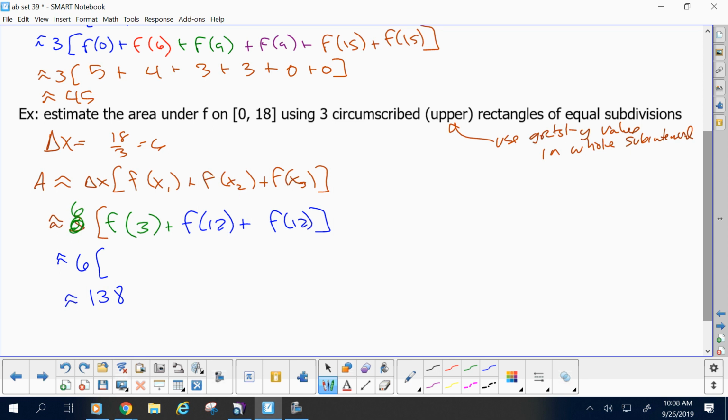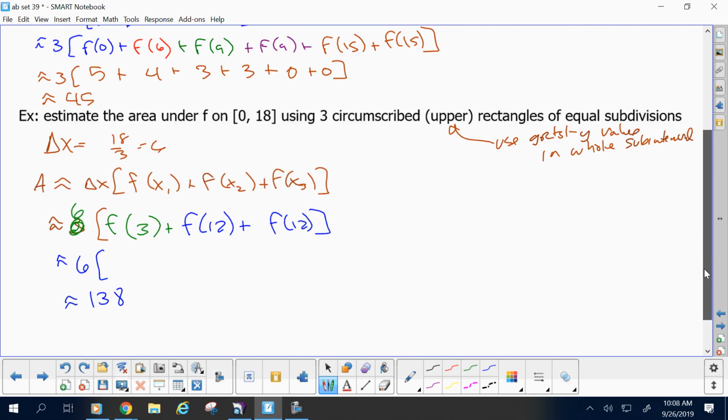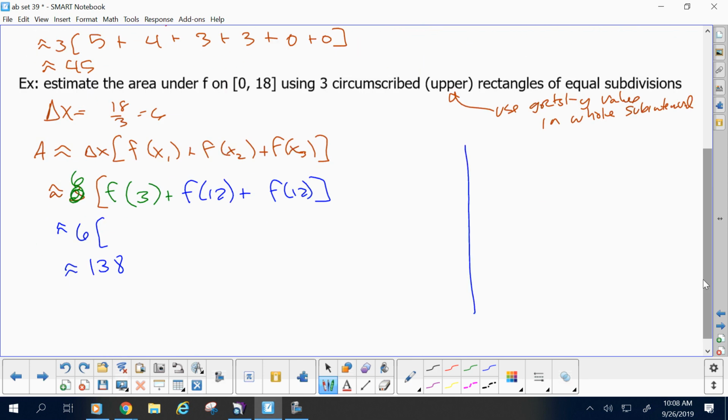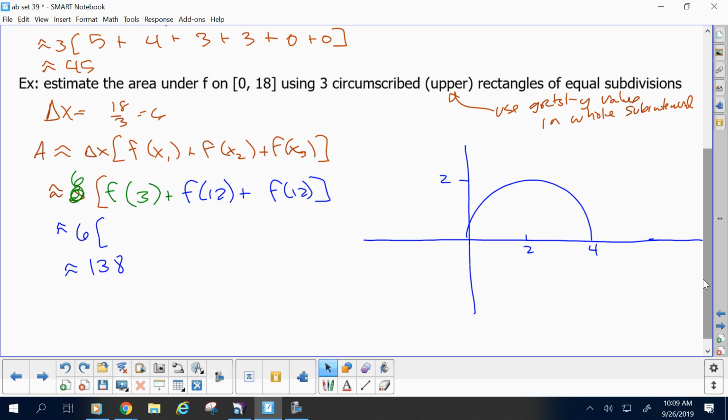They would have to have the points clearly labeled. So if I said, here's 4 and that's 2 and that's obviously 2. I would call a problem something like this.